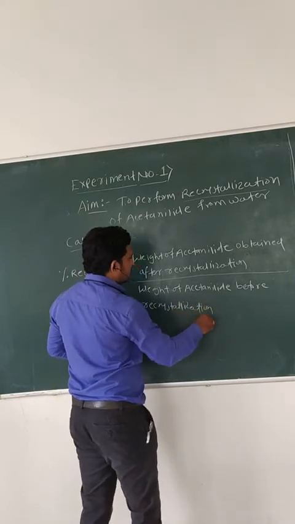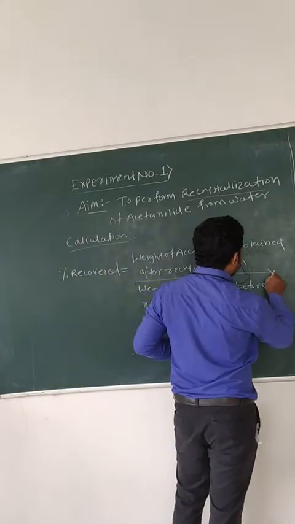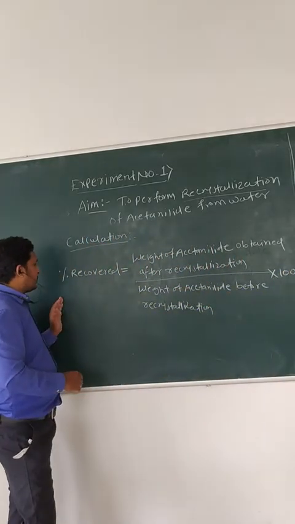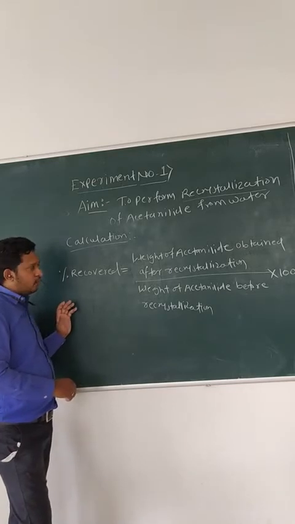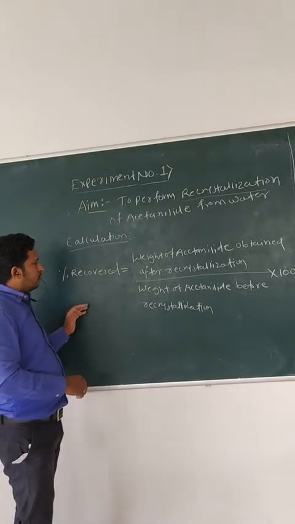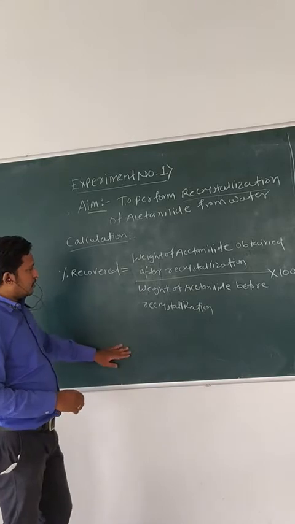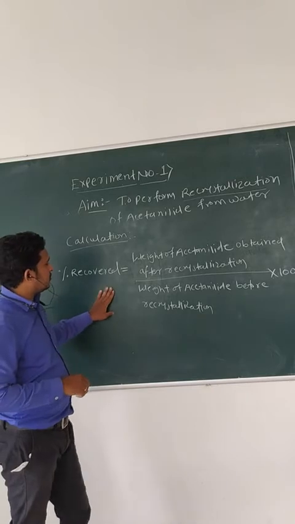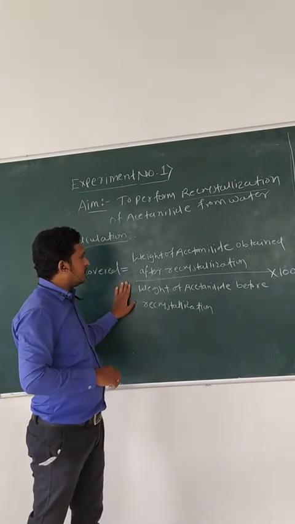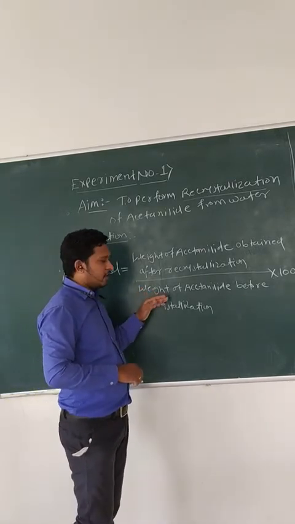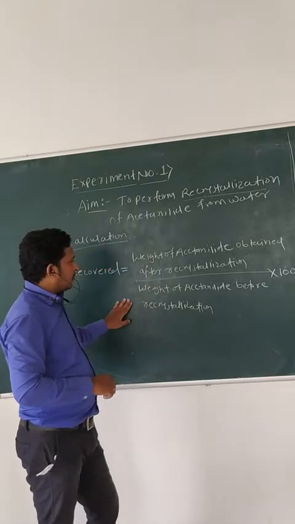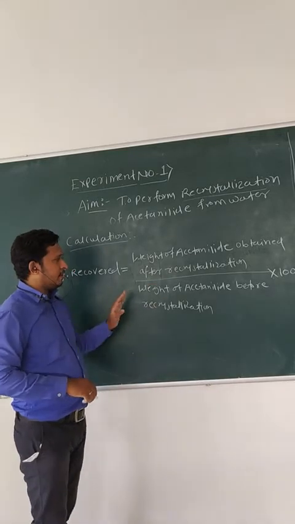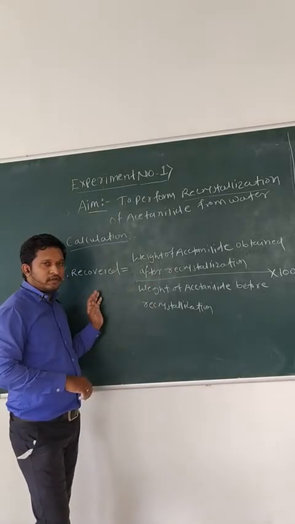Okay, this is the formula, and it is multiplied by 100 because it is percent. So percent recovery is our calculation of how much, in percent, the pure acetanilide can be recovered from the impure. This is our formula for the percent recovery of acetanilide.